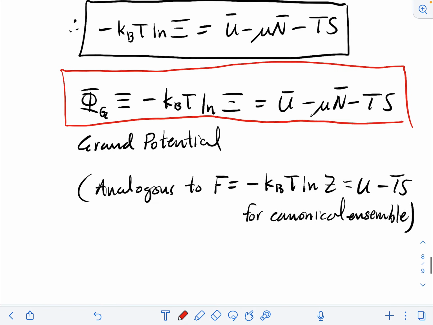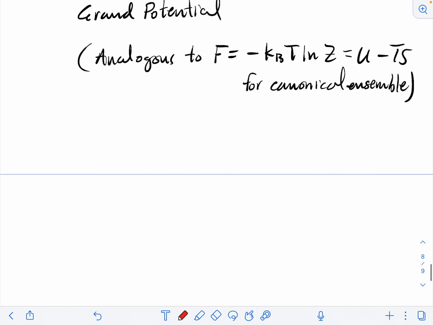Okay, so let's think about this grand potential. Again, remember, it's the sum over available quantum states. So it's this microscopic quantum mechanical quantity, which is U bar minus TS minus mu N bar.